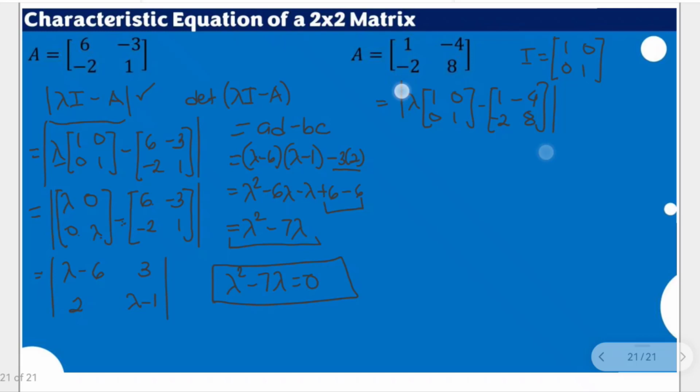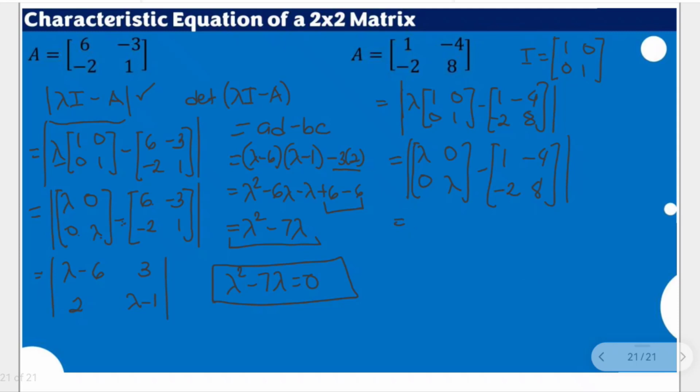Again, this is lambda times the identity matrix, you have 0, 0, and lambda, that's lambda, not x, minus this matrix 1, -4, -2, and positive 8.